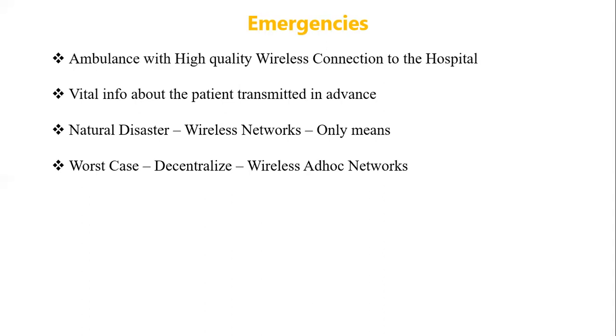That is called the worst case scenario. In the worst case scenario, only a decentralized network like a wireless ad hoc network will work, because ad hoc means it is not a centralized network, it is a decentralized network. There is nothing like a boss and slave relationship.